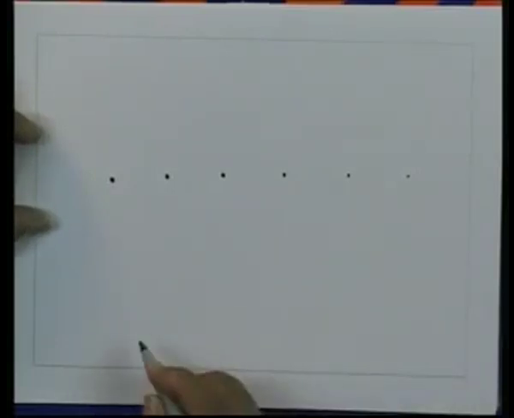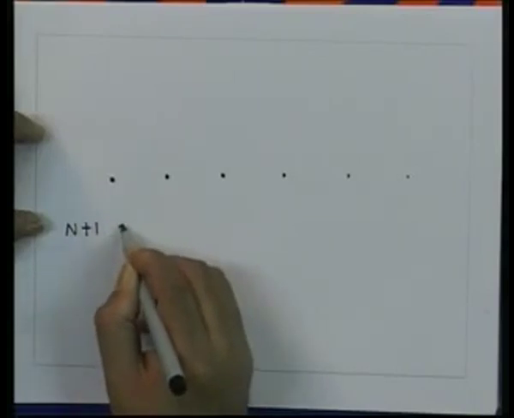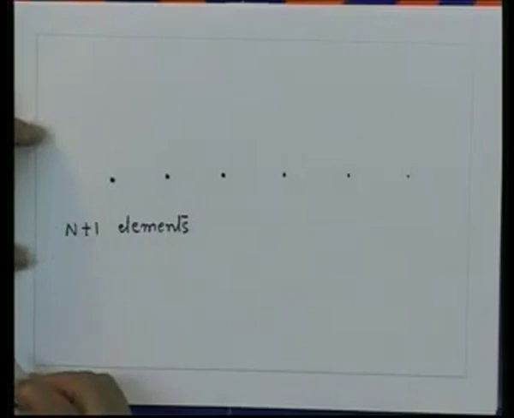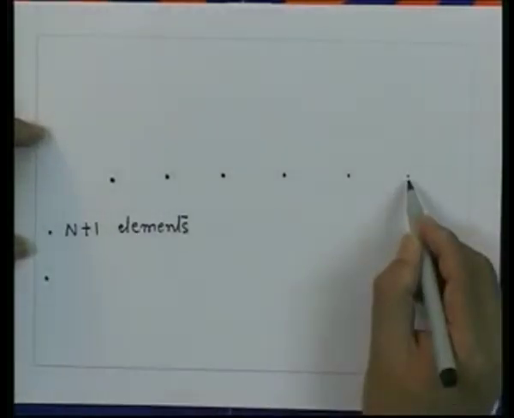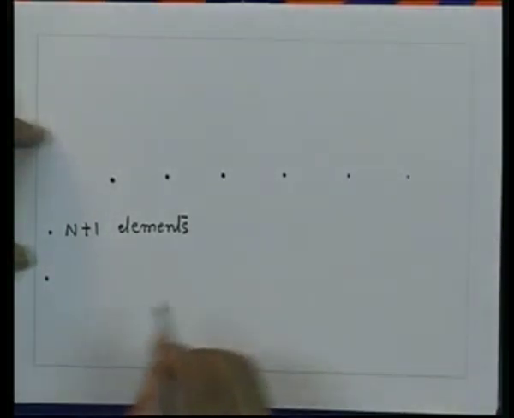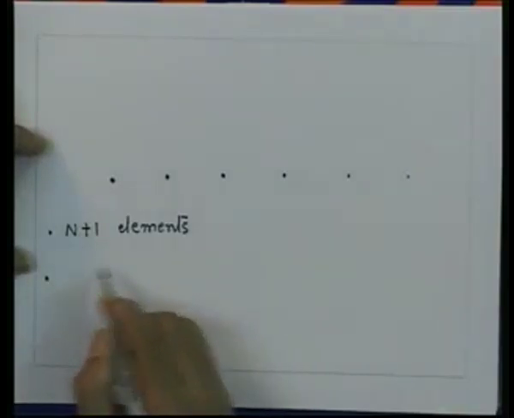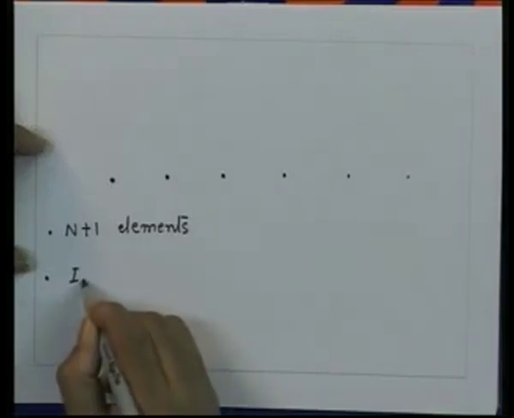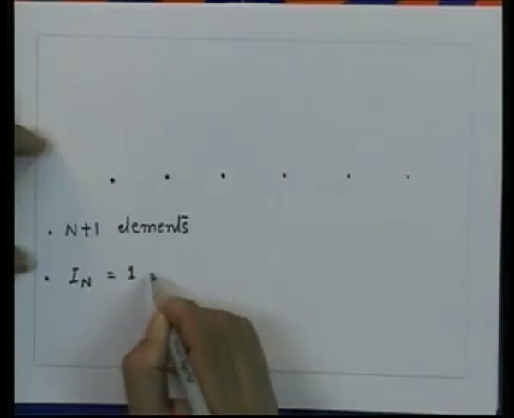So the current you have will be I of n, that is equal to 1 angle 0.